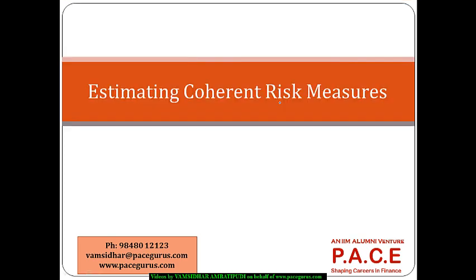Now we will look at the way out in terms of estimating a coherent risk measure. Is value at risk typically coherent? I don't think so. Value at risk is telling me a cutoff point.